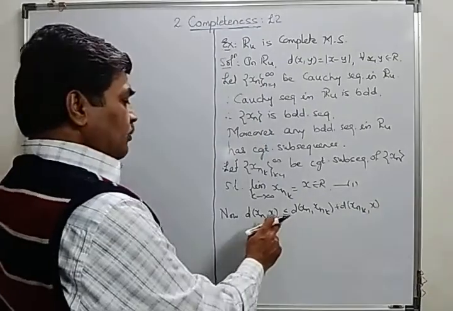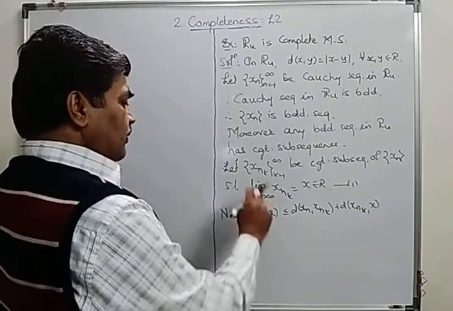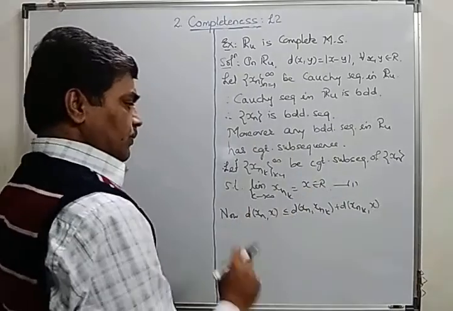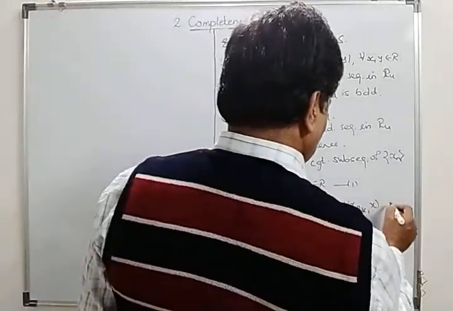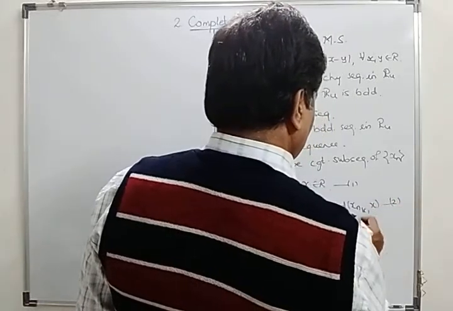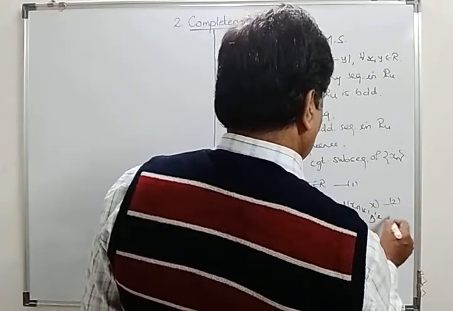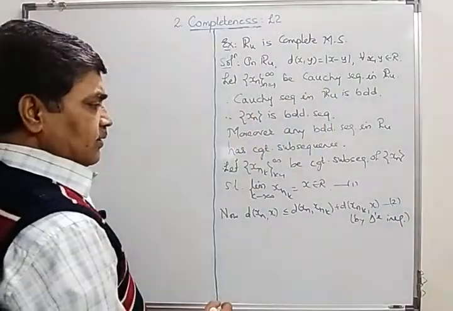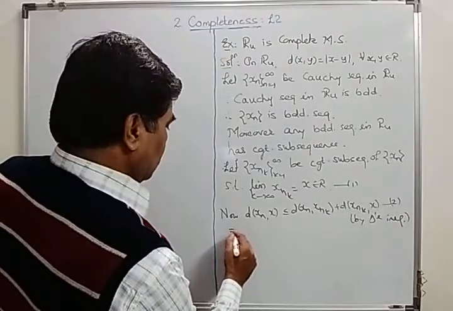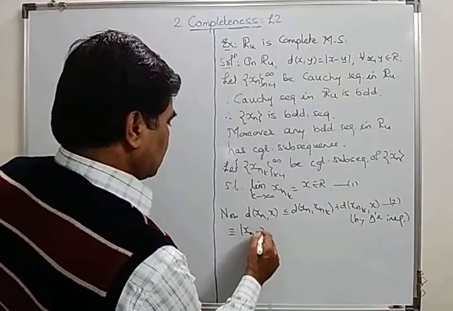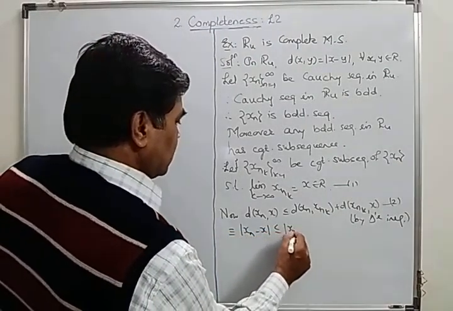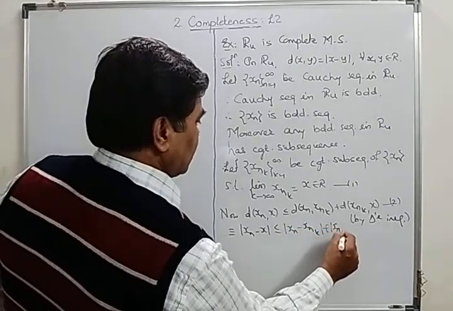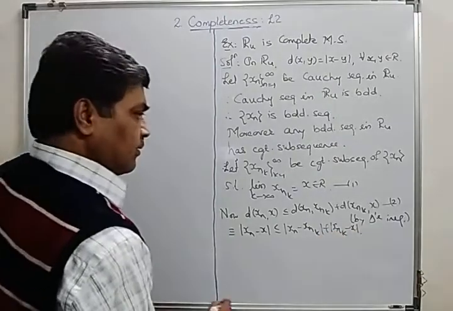What I am doing is relating the nth term of the given sequence with this limit through the kth term of the subsequence, by the triangle inequality. This is equivalent to |x_n - x| less than or equal to |x_n - x_nk| + |x_nk - x|.